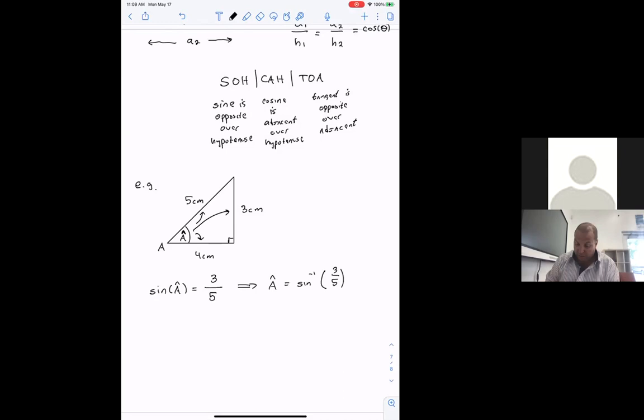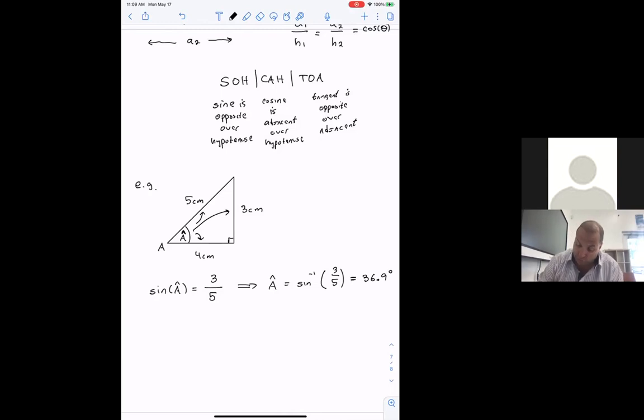Hit the mode button, go down until you see the radians and degrees, put it in degrees, quit out, and then we're going to do sine inverse of 3/5. And since it does not give us any number of sig figs or decimal places, we will do the standard 3 sig figs and get 36.9 degrees. And you must include the degree symbol, otherwise it is not correct. Not having degree symbols tells me that you're dealing in radians. If you want to be in degrees, use the symbol.